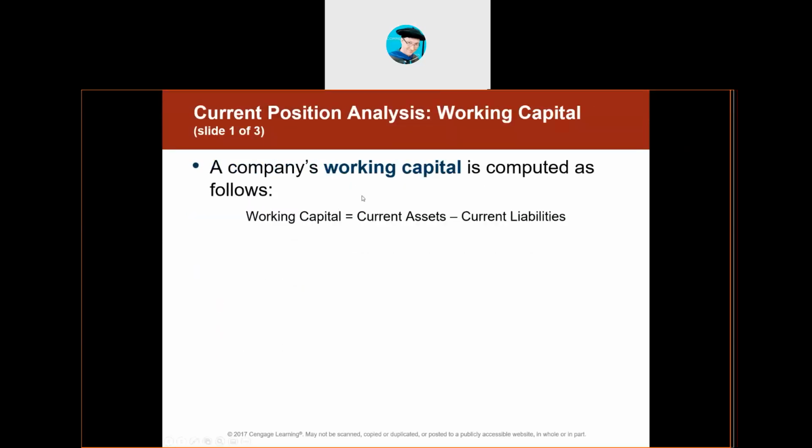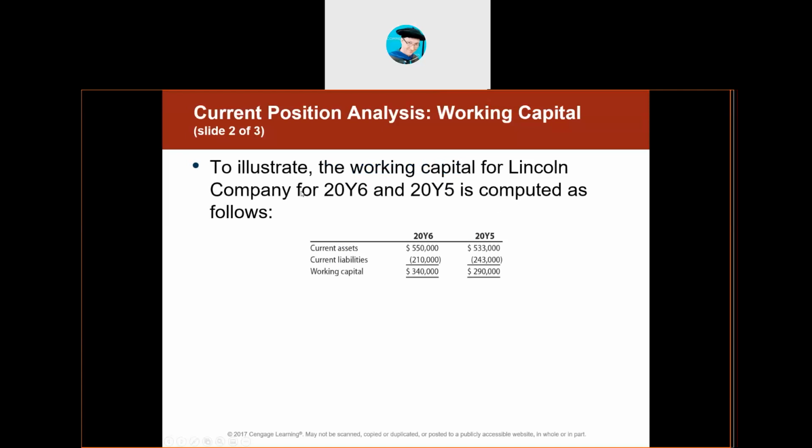To figure out working capital, we simply take our current assets minus our current liabilities. As you know, both of these are found on the balance sheet. Current assets minus current liabilities, that gives us working capital.